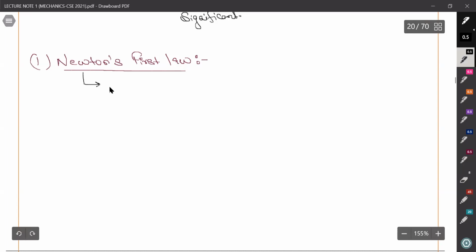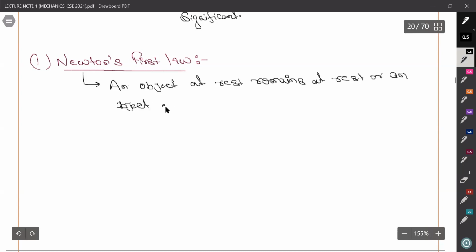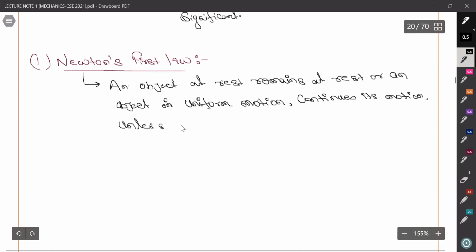So I want to quote Newton's first law, and it states that an object at rest remains at rest, or an object in uniform motion continues its motion unless acted on by an external agent.